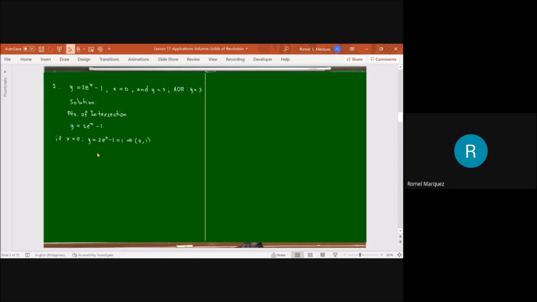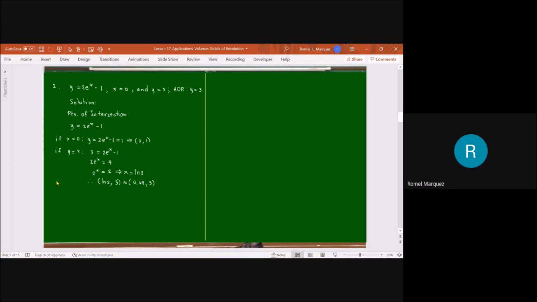What about if y is equal to 3? So this is 3 equals 2 e to the x minus 1. 2 e to the x equals 4, no? So e to the x is equal to 2. So hence, x is equal to ln 2. If you take the ln of each side, we have x equals ln 2. Hence, our point is ln 2, 3. ln 2 is approximately 0.69 or almost 0.7. Yeah. So that's the point.